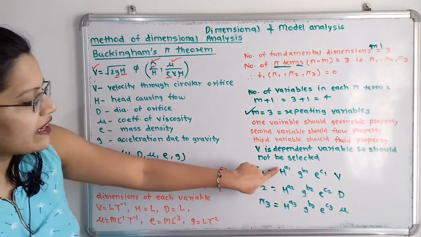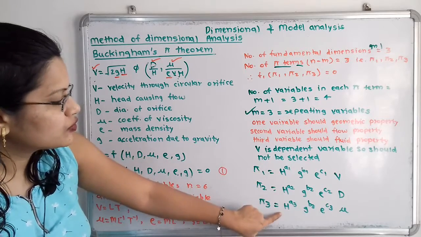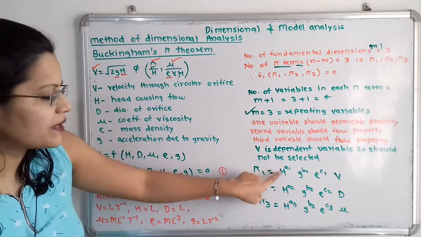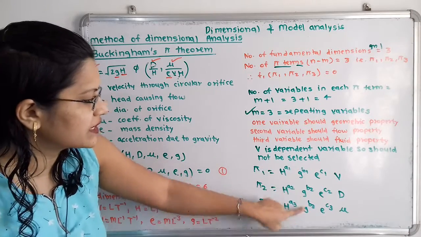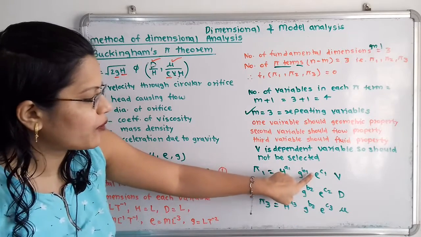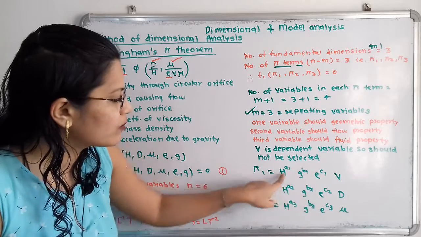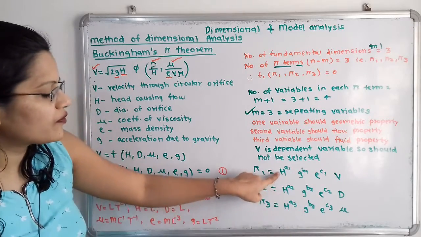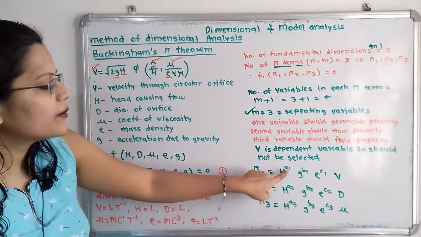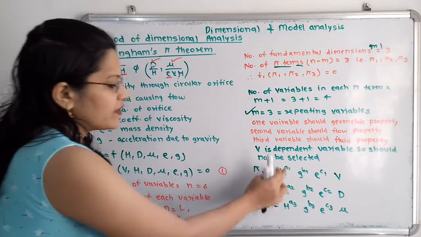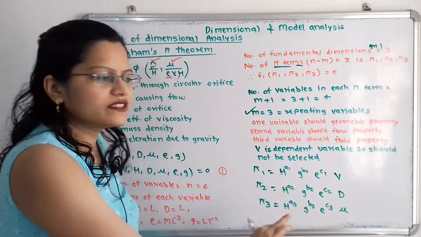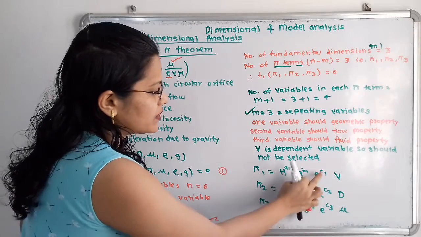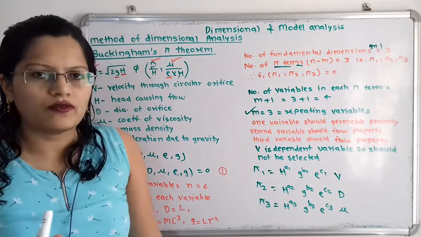But remember that the first variable should be geometric and the same, h, h, h. The second should be flow property, g, g, g. And the third should be fluid property, rho, rho, rho. So we have to take care. For the first, geometric property, the powers are a1, a2, a3. For the second, flow property, b1, b2, b3 are the powers. And for the third property, c1, c2, c3 are the powers.